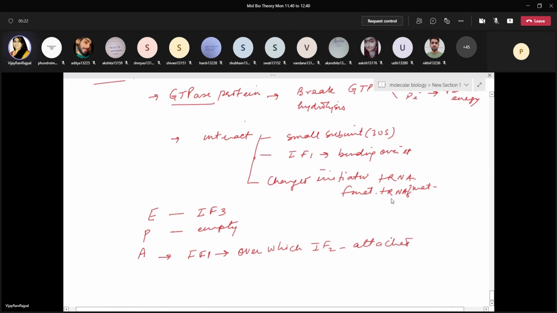So this is the sequence of events that happens. Now I will show you the same thing with the help of a diagram, and things will become clear.